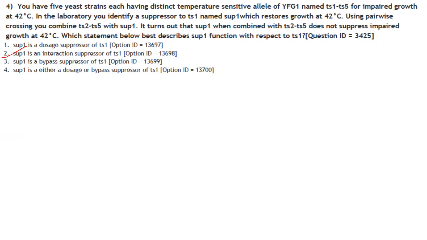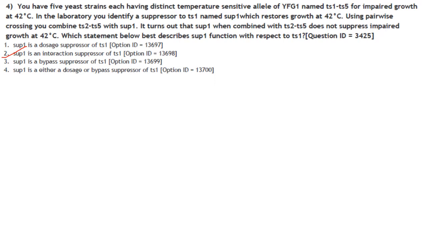Then next one. You have 5 yeast strains, each having a distinct temperature sensitive allele of YFG1, named TS1 to TS5, for impaired growth at 42 degrees Celsius. In the laboratory, you identify a suppressor of TS1 named SUP1 which restores growth at 42 degrees Celsius.